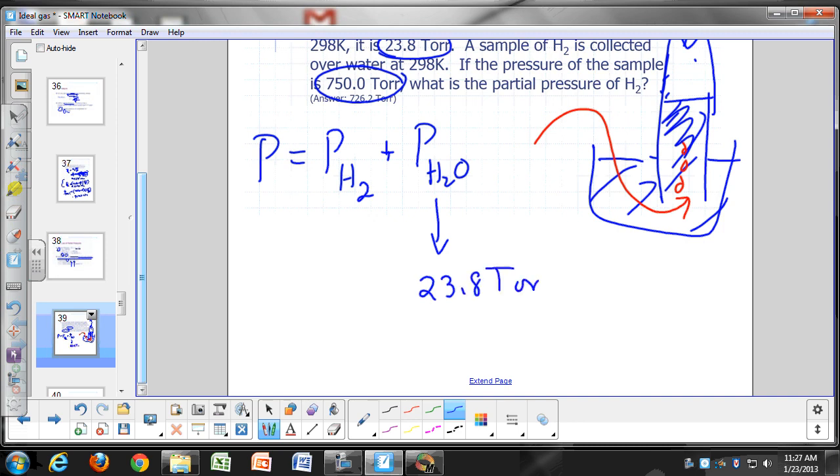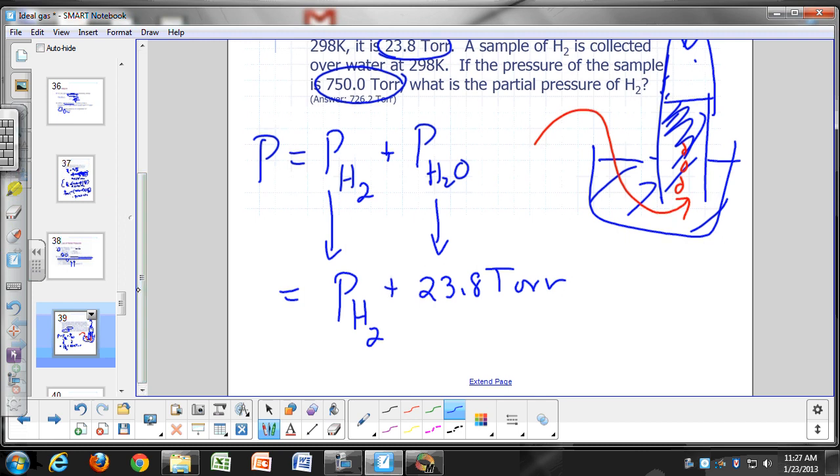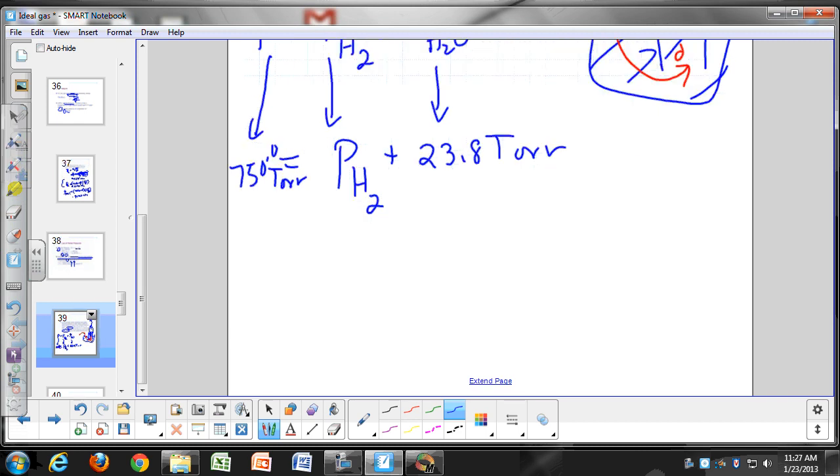23.8 torr. And what is our partial pressure of H2? We don't know. That's the unknown. And what's our total pressure? The total pressure is 750 torr, right? So we can calculate the partial pressure of H2.